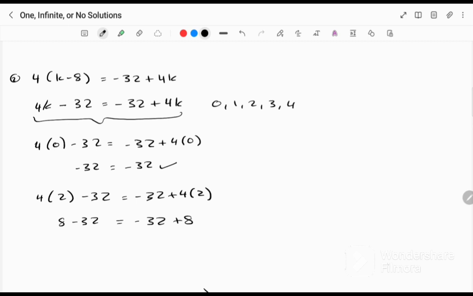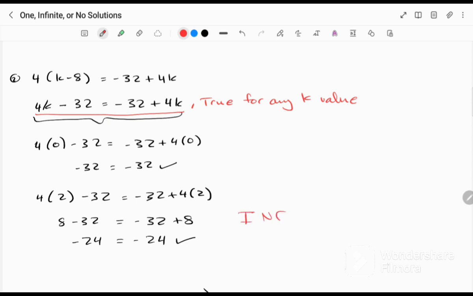Again, both of these are exactly the same. We have negative 24 is equal to negative 24. Also true. So, we have determined that this equation is true for any k value. This means it has infinite solutions.